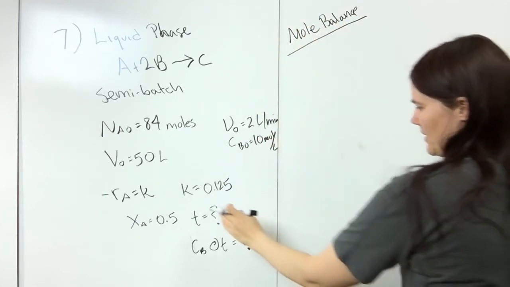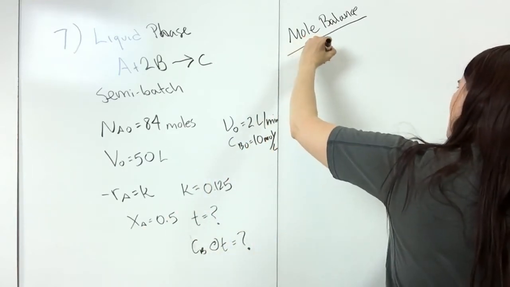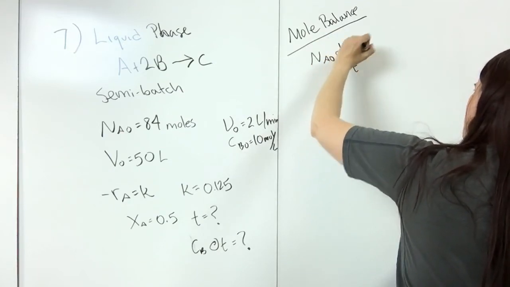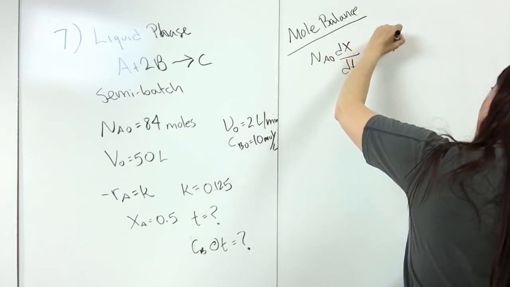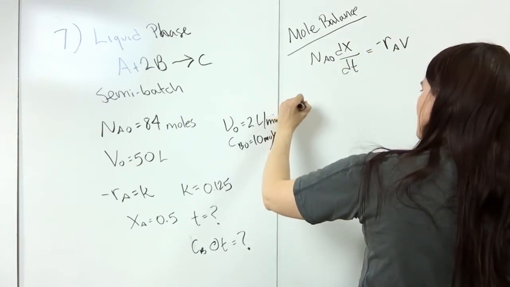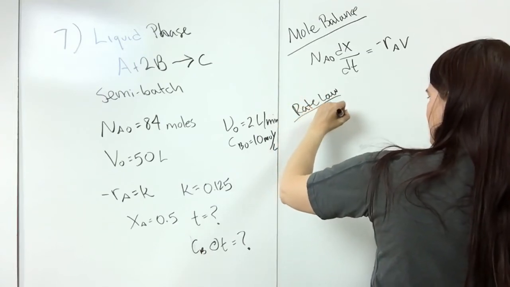And we know that we're looking for conversion, so we want to write our mole balance in terms of conversion. So NA0 dX/dt is equal to minus rA V. And we know the rate law is just k.